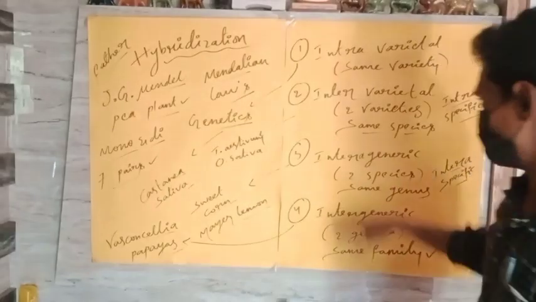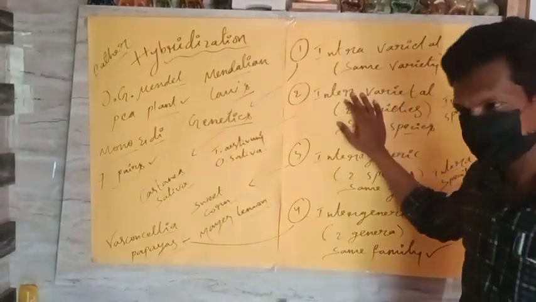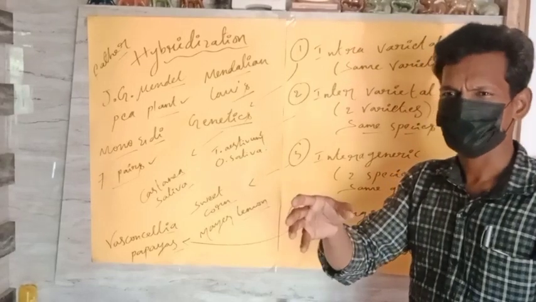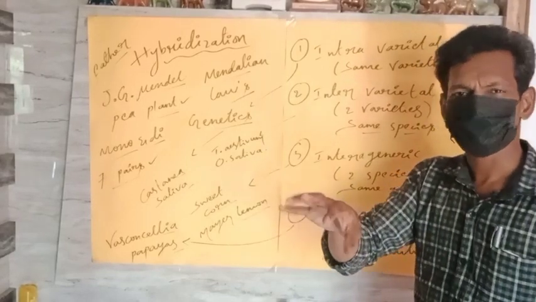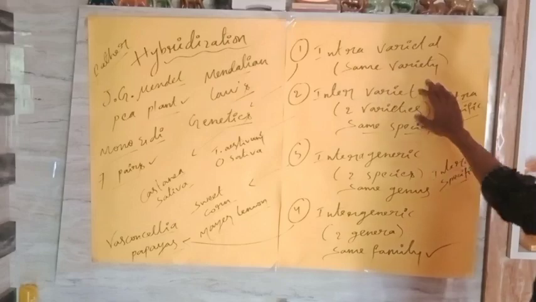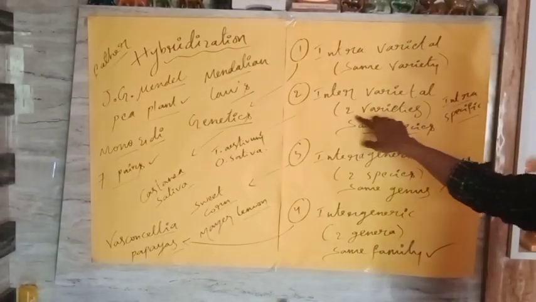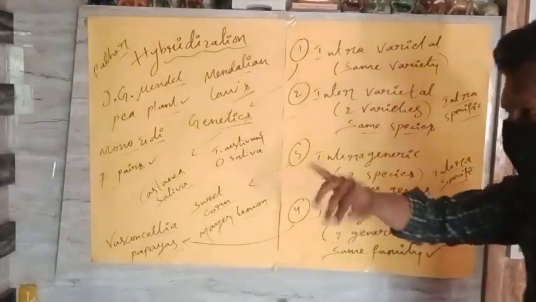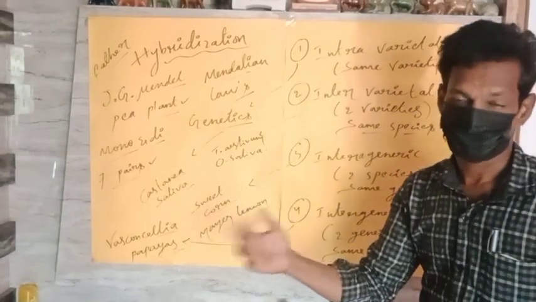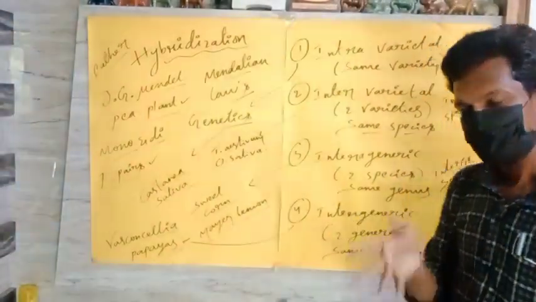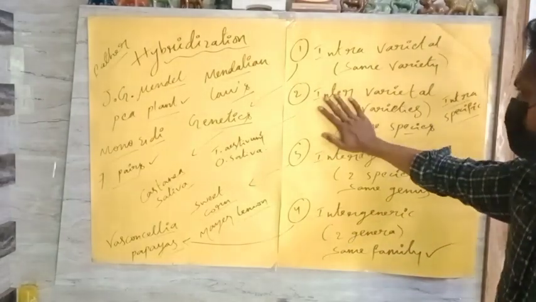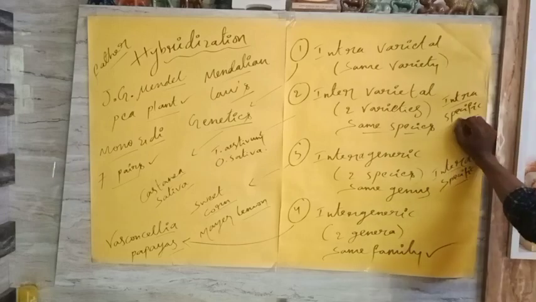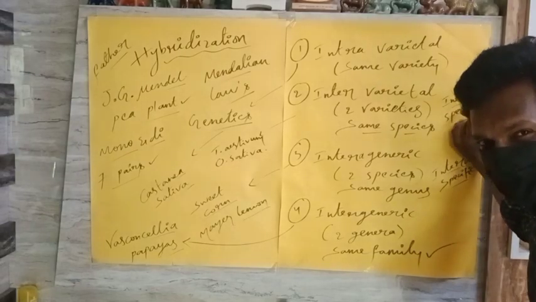And the second one, intervarietal. Inter means between. So intervarietal means two varieties, but the species is the same. The varieties are not the same, but the species is the same. Such a hybridization technique comes under intervarietal hybridization. It is also called intraspecific.